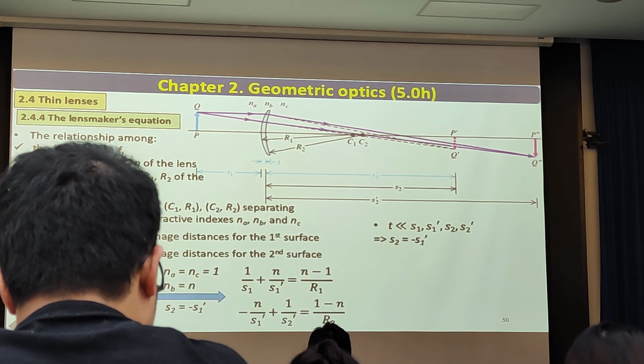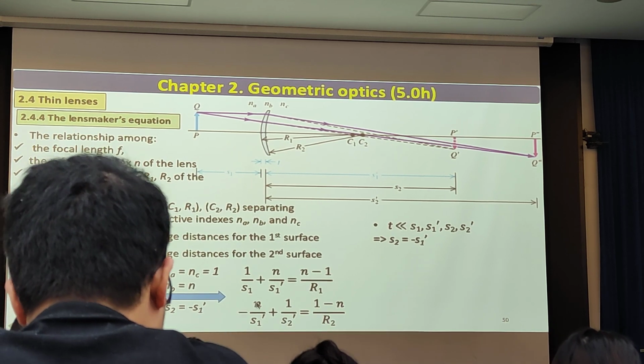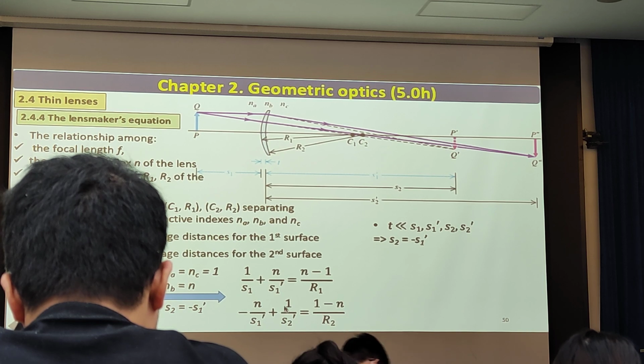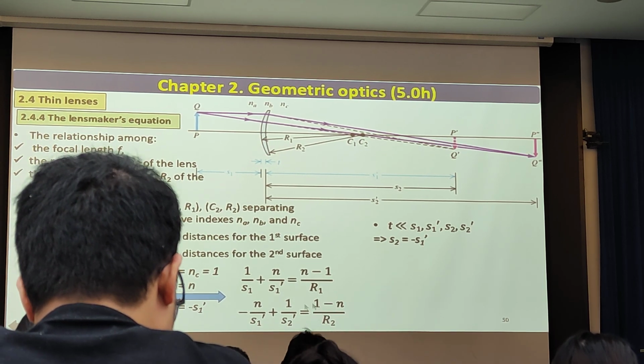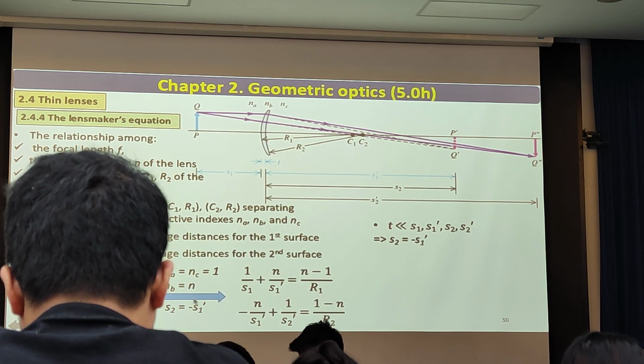And here you replace S2 by minus S1 prime, you got minus N over S1 prime plus Nc over S2 prime equals Nc minus N over R2.